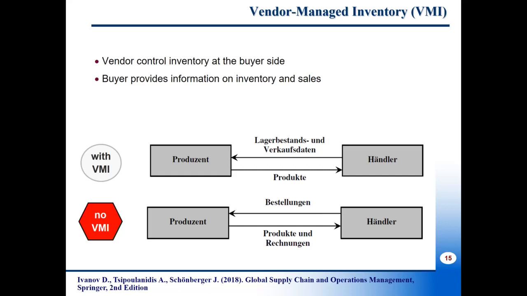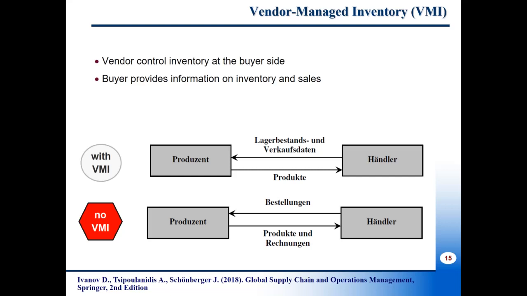Then the supply chain needs coordination instead of uncertainty, and therefore inventory can be managed by using information, which makes the supply chain more integrated. Both supplier and buyer need transparency of demand and inventory, where the vendor controls inventory at the buyer side and the buyer provides information on inventory and sales.